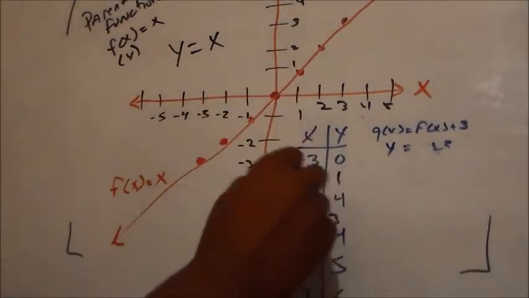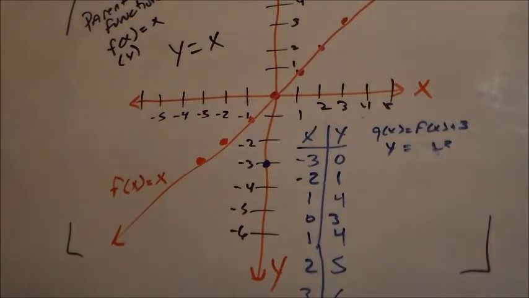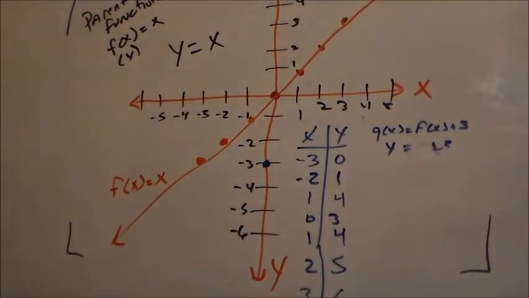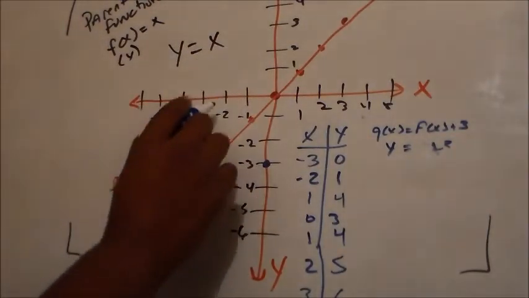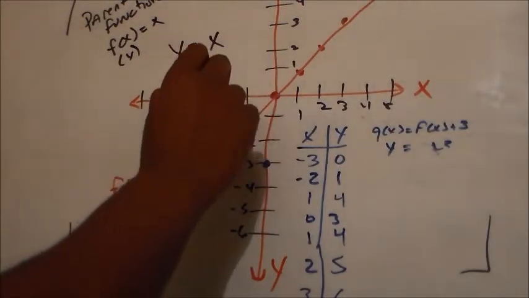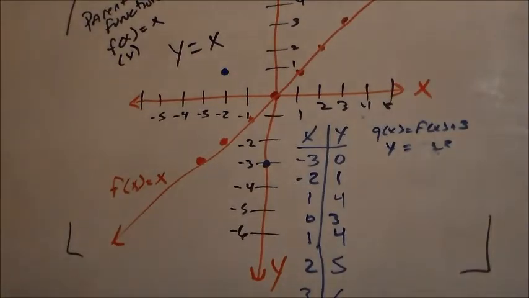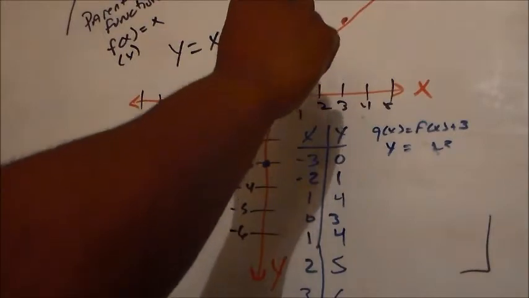So our coordinates are here. Negative 2 on the x-axis, then we get 1. Negative 2, positive 1. If we go over 1, then we get 4.